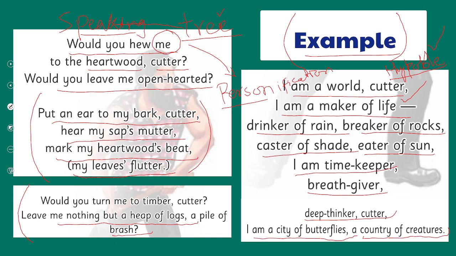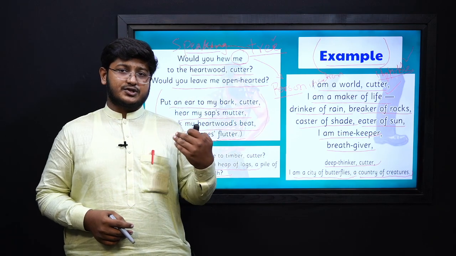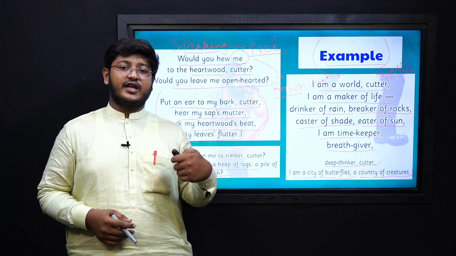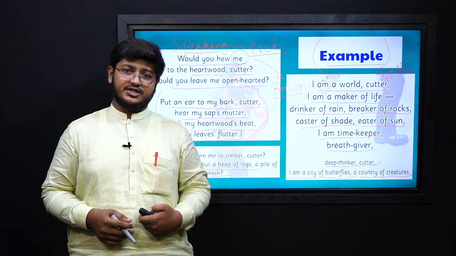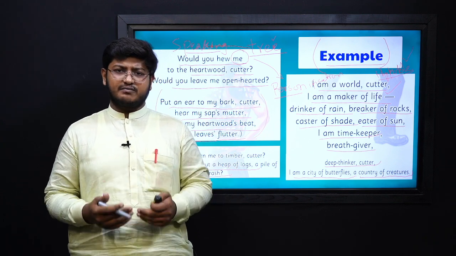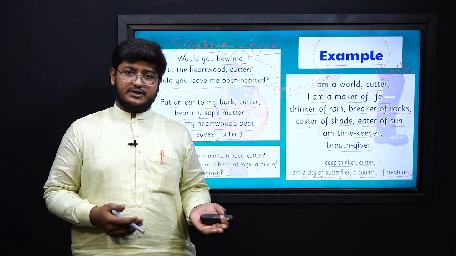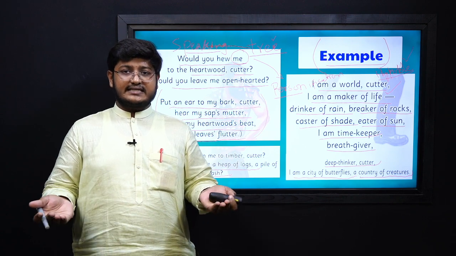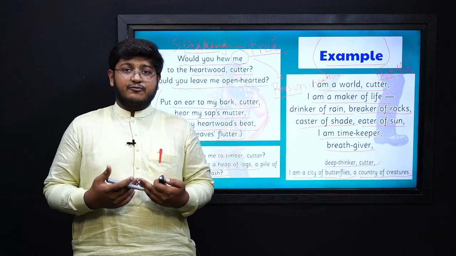So here you can find how the tree is personified, in a manner that students can understand if they have an idea of personification. So here the tree is personified, and different hyperbole and different metaphors are also used throughout the poem. He said himself that I'm the world of butterflies.